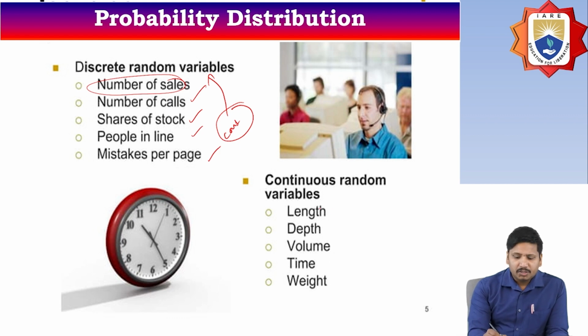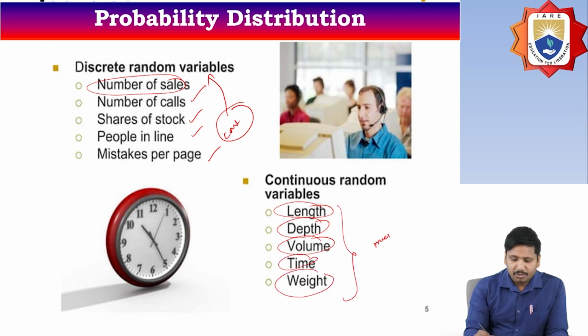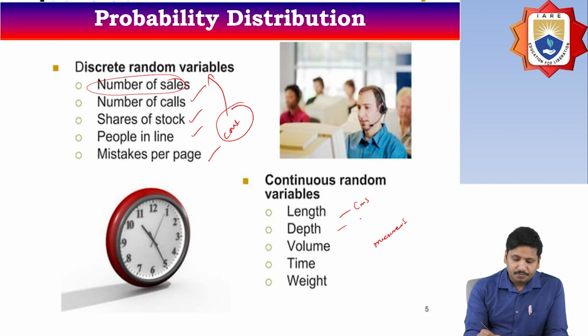Continuous random variable means here we consider the length, depth, volume, height, and weight. All of these have measurements, also with respect to time, so those should be considered continuous random variables. Suppose I consider length here, I can express it in centimeters, depth in terms of meters, volume in liters, time in seconds, and weight in kgs.